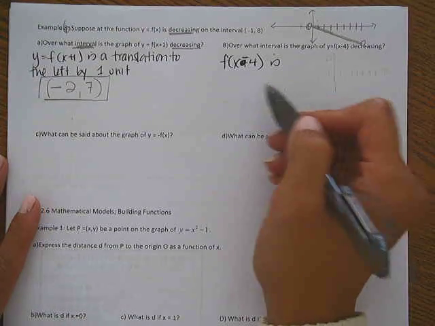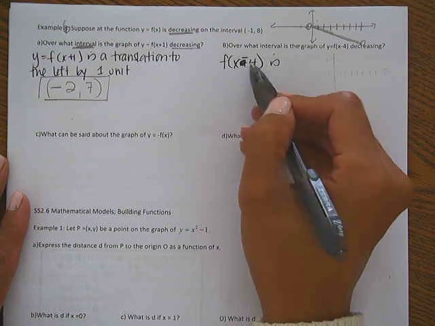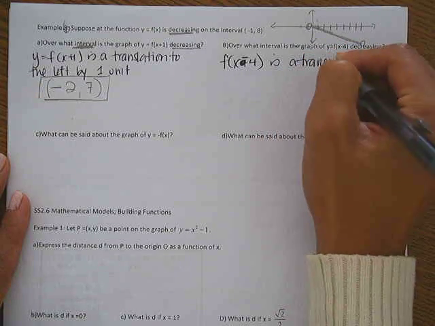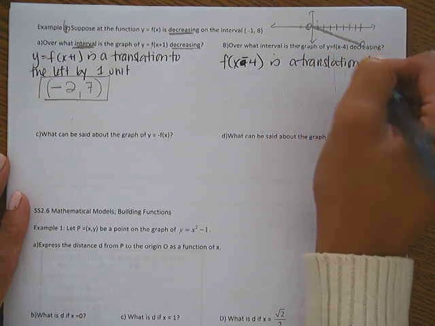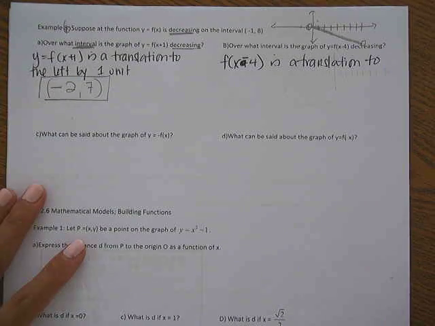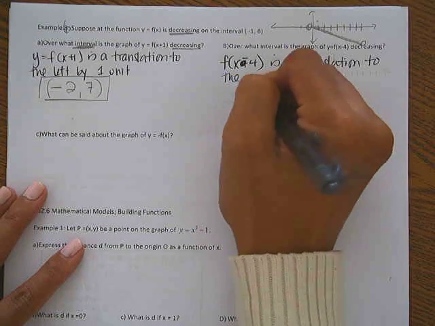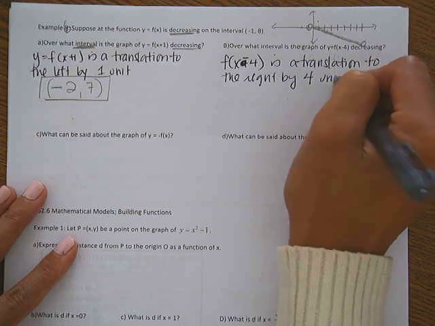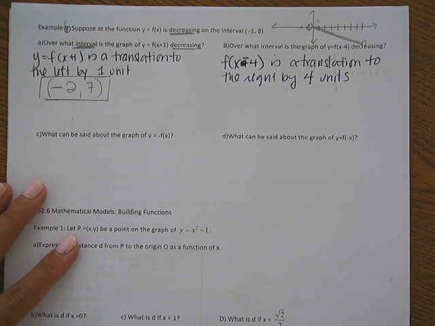Transformation. Here you go. f of x minus 4 is a translation to what direction? To the right by 4 units. Okay, so let's look at my answer.